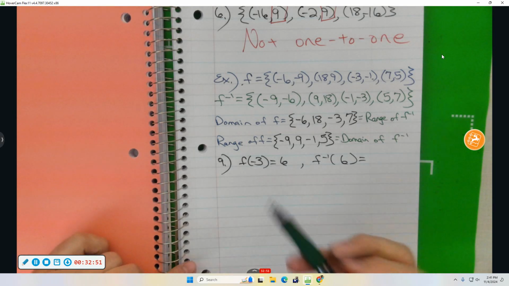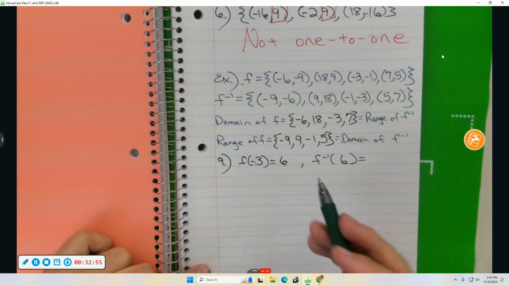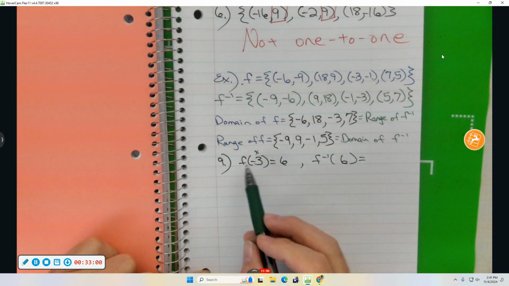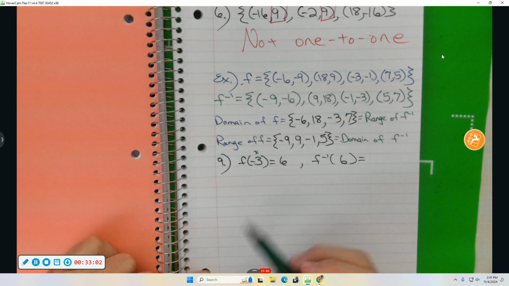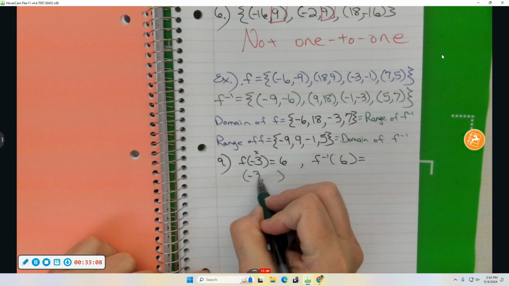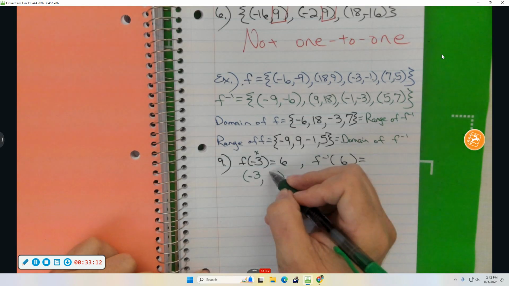Let's just look at this original notation here for dealing with the original function f. The number inside the parentheses is x. So how would you write that as an ordered pair? The number in the parentheses is x. So when x is -3, the y value is 6.